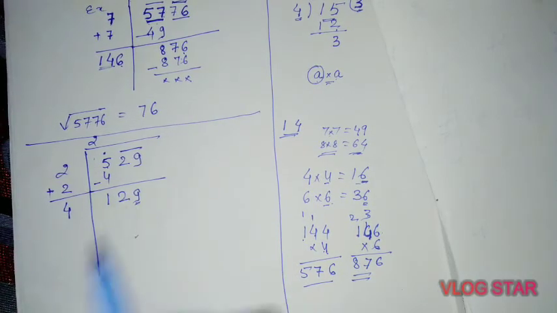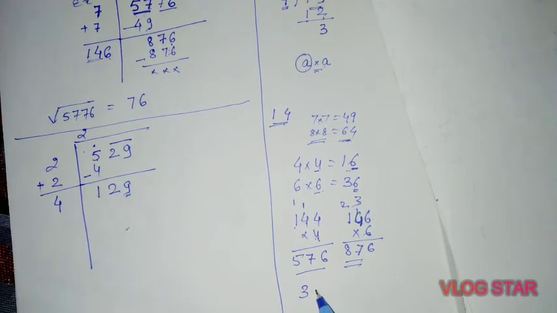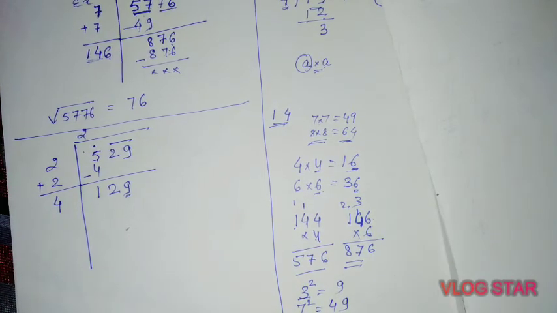Now the last digit is 9. So you have to recall the property: in which square do we get 9 as the last digit? 3 square is 9, and 7 square is 49. So either you have to multiply by 3 or by 7.